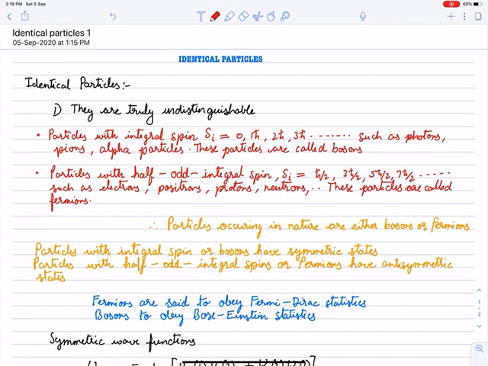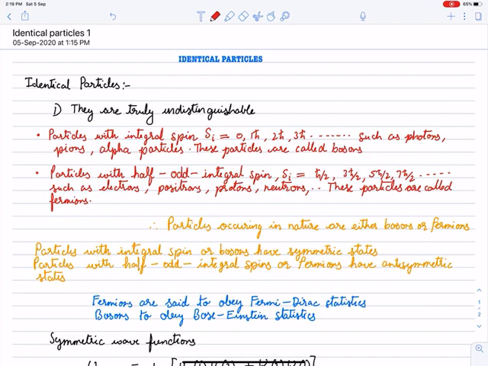So the particles you see in nature are only of two types: bosons or fermions. The entire particle physics lies in these two. I am not going into particle physics, only telling the basics. Particles with integral spin, bosons, have symmetric states.